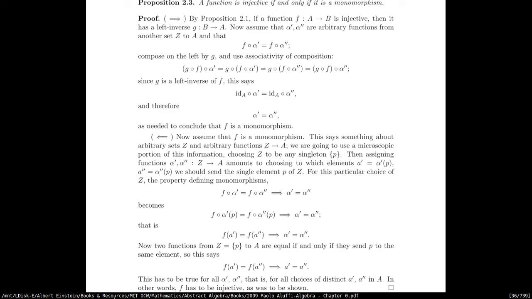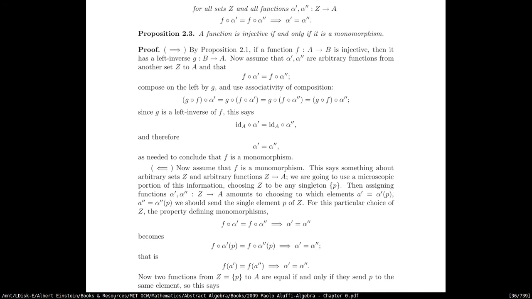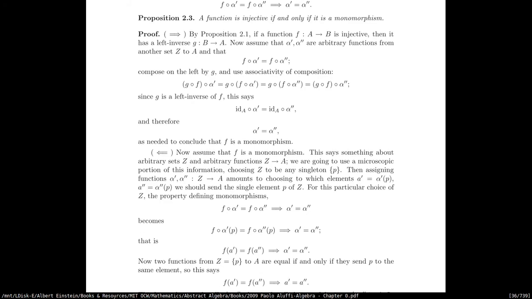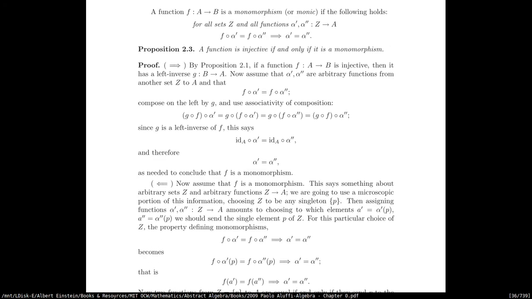Yeah, so the idea is again, you have to prove the two-sided thing, and essentially you have to use the fact that being injective means it has a left inverse, right? For the forward direction, you can use that to say that those two things, alpha prime and alpha double prime, are equal.